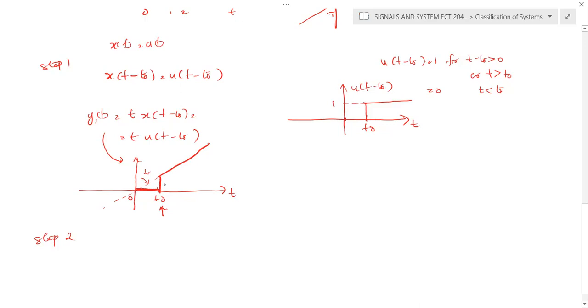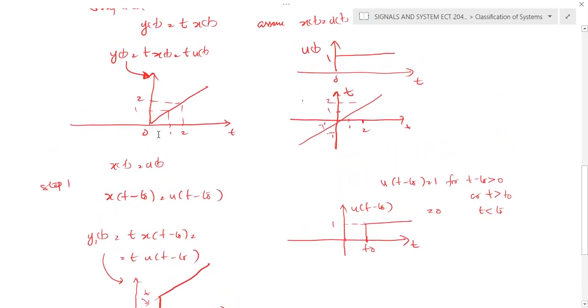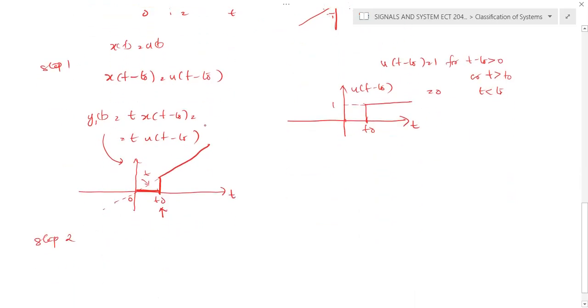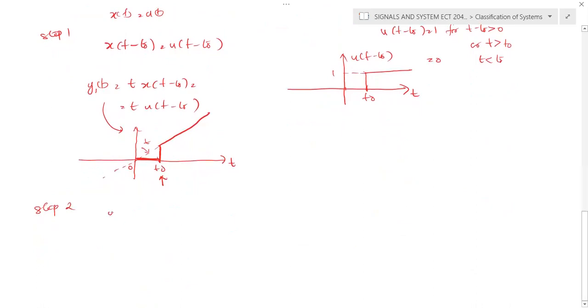Now we can directly find the output signal by shifting. So this is t into u of t. Okay, so this is the signal t into u of t. If you shift the entire signal towards t0, and find y of t minus t0, it becomes t minus t0 into u of t minus t0. It is x of t minus t0.